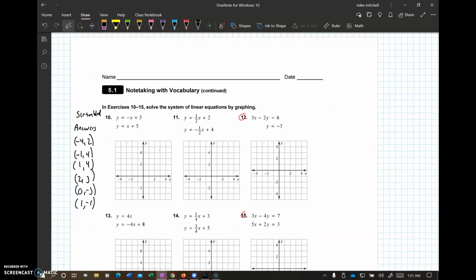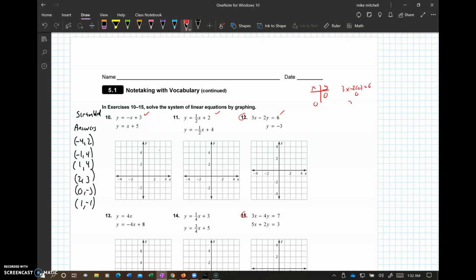There's our scrambled answers. These we got to solve. Okay. So if they're in slope-intercept form, you should be good at those. This one, I'm liking for my intercepts, x and y. I'm noticing this because 3 and 2 both go into 6 easily, so I'm going to have 0 and 0. So 3x minus 2 times 0 equals 6.